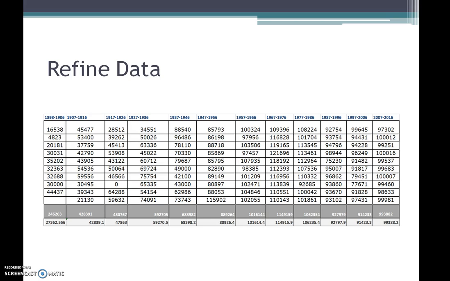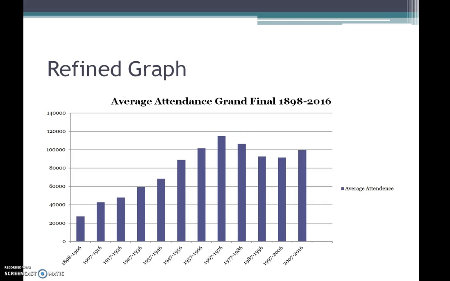So with this information, I made refined graphs, which show the average attendance for the grand final from 1898 to 2016. As we can see, for 1898 to 1906, our average was just above 20,000 people, and then this started to increase all the way to 1967 to 76, where the attendance average was close to 120,000 people.